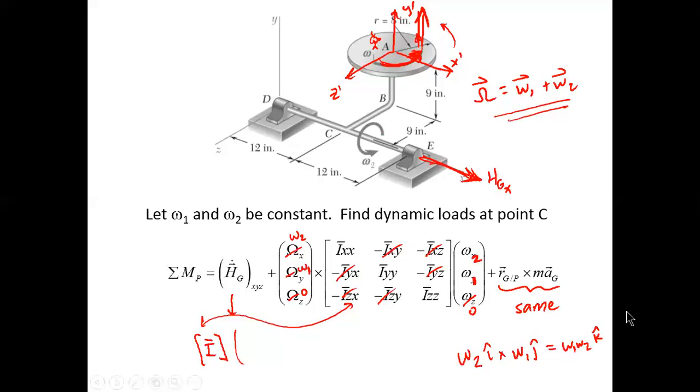Do you remember doing that back when we were doing angular accelerations? So then here, that's what goes into this term right here, omega 1, omega 2. Okay, so in this case, my H dot G is not 0. And that's just because of how we ended up choosing our capital omega.